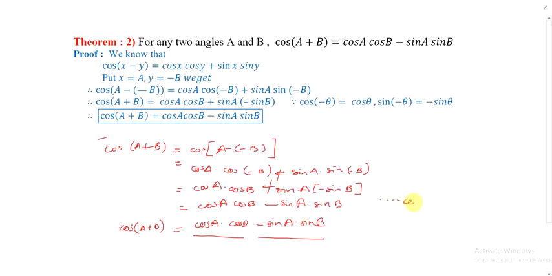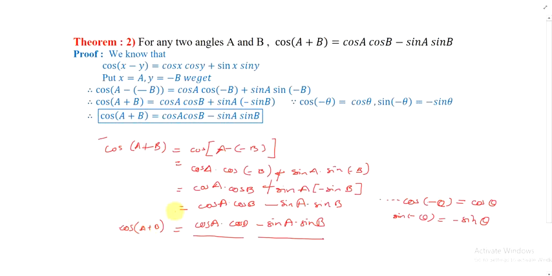We used the results of negative angles, that is cos(-θ) is equal to cos θ, and sin(-θ) is equal to -sin θ. These results you have learned in the previous chapter, okay? And the previous result, which result?